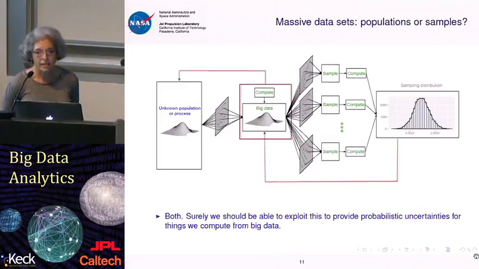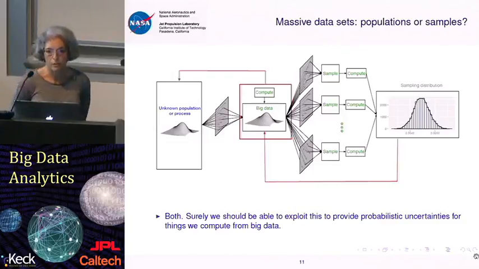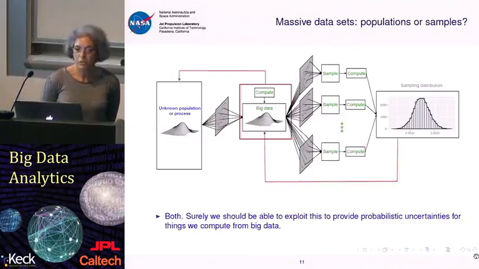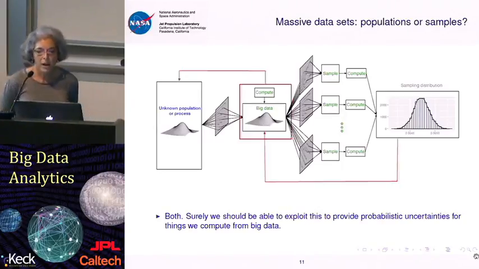We know that we can't interrogate them completely and understand them completely in the way that we might have treated the smaller samples. So here we have an option, and as I said, I alluded to this earlier, to perhaps sample again from our big data sample, and now we could sample many times, and we could actually make that histogram on the right by computing the statistic of interest over those secondary samples.